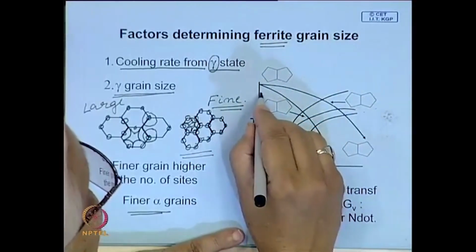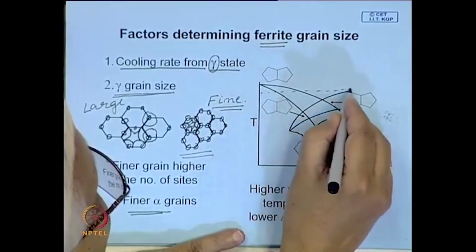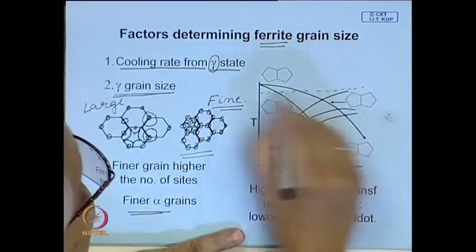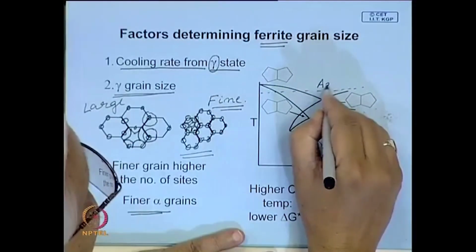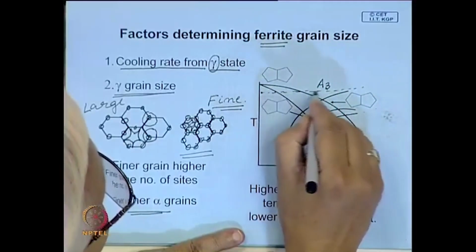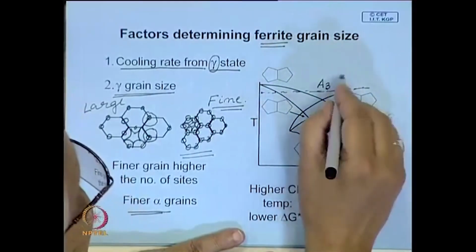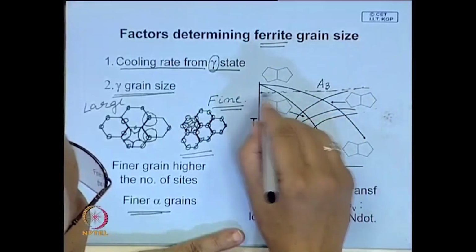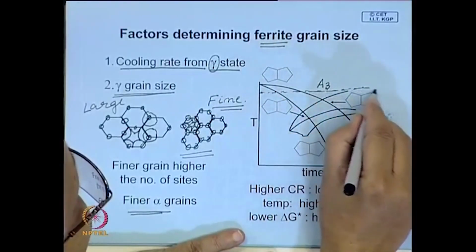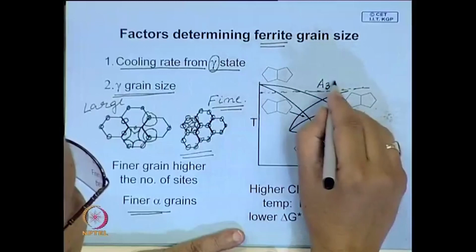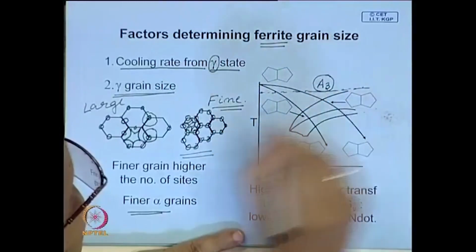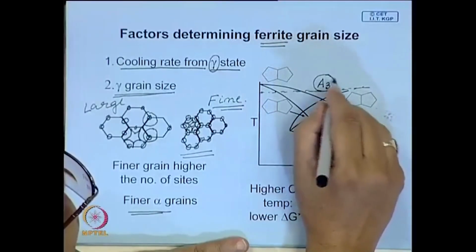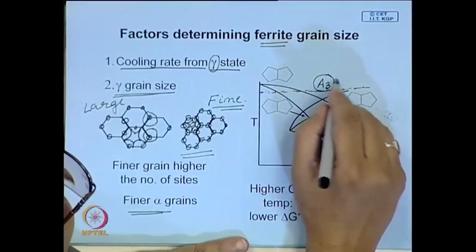And then to understand the effect of cooling rate, we should look at the transformation diagram of the steel. Say, let us say this is the transformation diagram of the steel. This is the A3 temperature, where during cooling, let us say the ferrite nucleus begins, but here the cooling rate has to be very slow. So, this is the equilibrium temperature at which the ferrite nucleus is likely to appear.